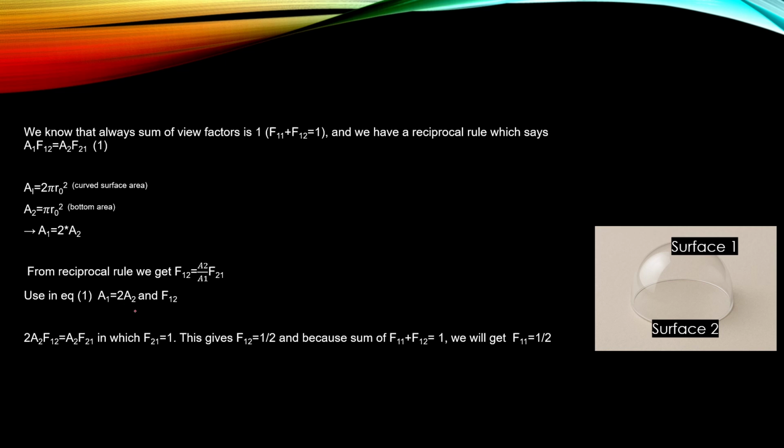We can use this in our equation 1, and we already know that F2 to 1 is 1, so we will get that F1 to 2 is 0.5, and because the sum of the view factors must be 1, we will get that F1 to 1 must be 0.5.